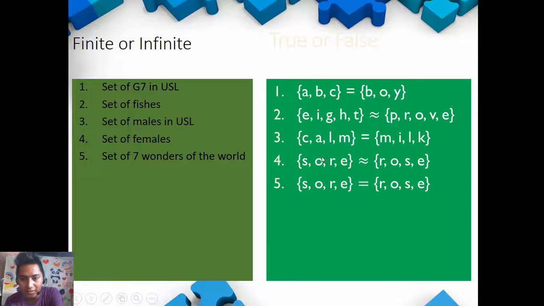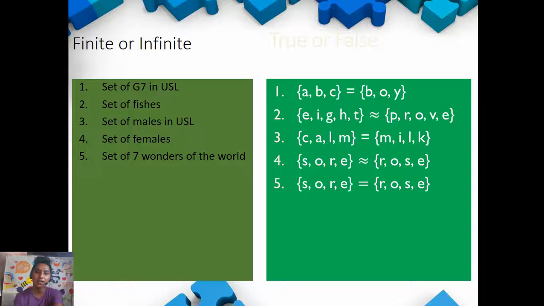Let's look at this one. Number 3. CALM is equal to set MILK. Is it equal? No, because they have different elements.